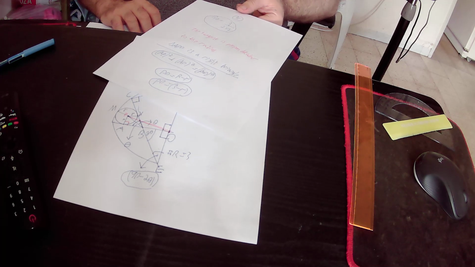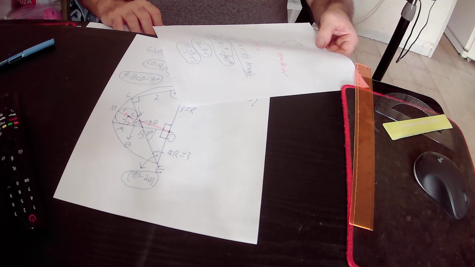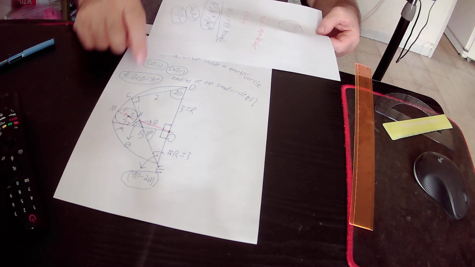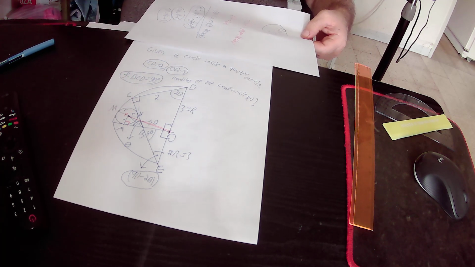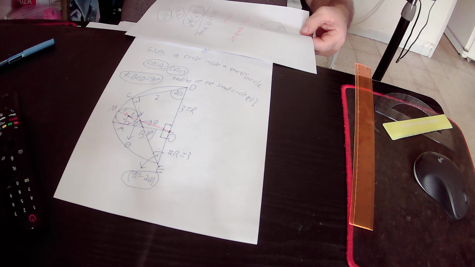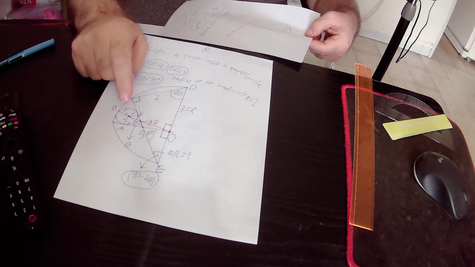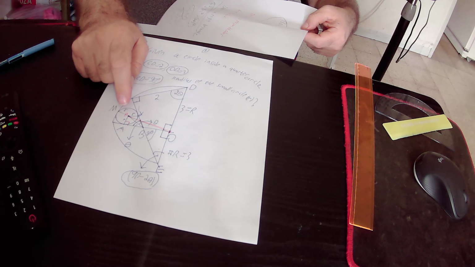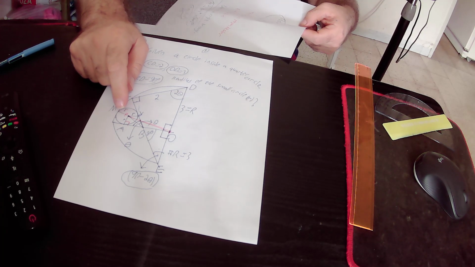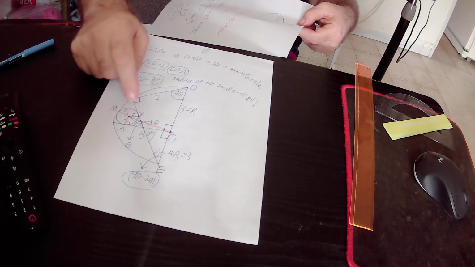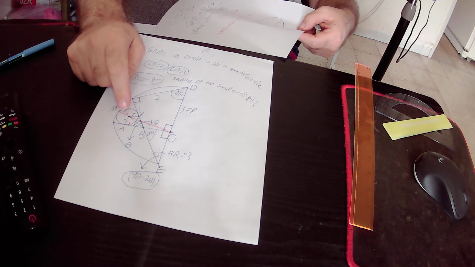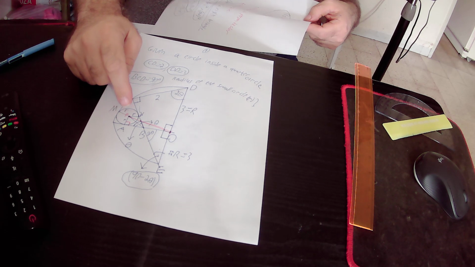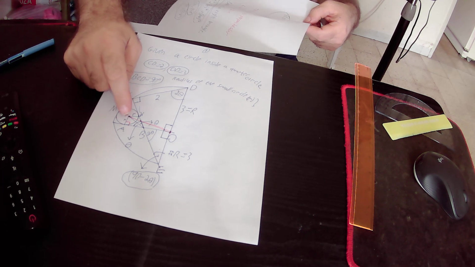We know that in triangle APO, this small triangle, the tangent is always perpendicular to the radius, so AP is the radius and OA is the tangent, so angle PAO must be equal to 90 degrees.